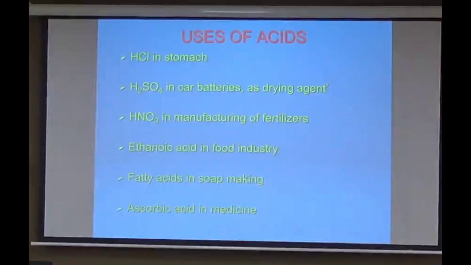Ethanoic acid is basically which acid, do you think? It is acetic acid, which is used for preservation. Then we use fatty acids for soap making. Then ascorbic acid is used in preparation of medicines. So we can say in different walks of life we use acids, and thus they are an important part of our life.